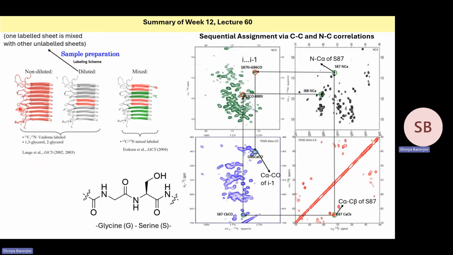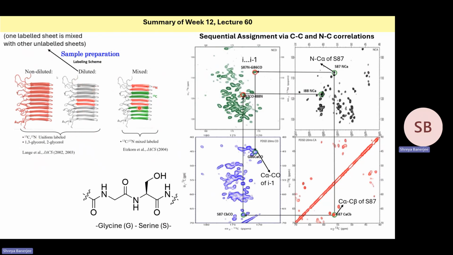You can see here the sample preparation: there can be different kinds of sample preparation. One is where the beta sheet is uniformly labeled and it can be non-diluted, that is all the beta sheets are labeled with 13C or 15N, or it can be uniform labeling, but you are diluting it. So in the beta sheet aggregate, only one or two beta sheets are uniformly labeled with 13C and 15N, and the rest are unlabeled.